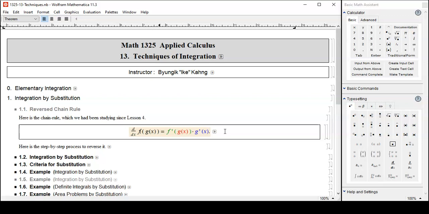And this is reversing, so let's begin with capital F, and then taking a derivative of that capital F. And then this capital F prime will be small f. Make sense here?